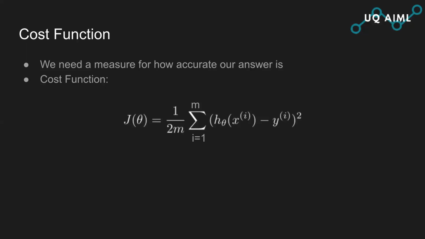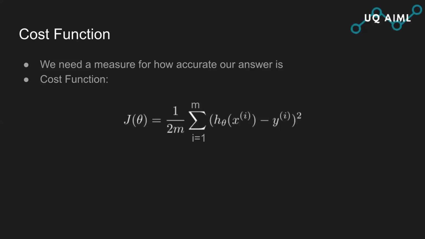This notation is not too hard. It seems complicated right now, but we'll go over an example of what it means. The m here, in the numerator, denominator, and the summation sign, is the number of training examples. If you have 10 examples, then m would be 10.